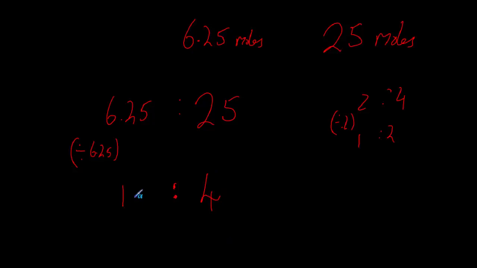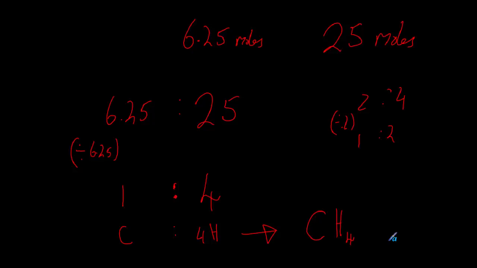So that means that we have 1 carbon for every 4 hydrogens. Okay? So our empirical formula is going to be C, only one of them, H4. CH4. Now, you don't need to know this, but there is only one hydrocarbon with that empirical formula, and that is methane.